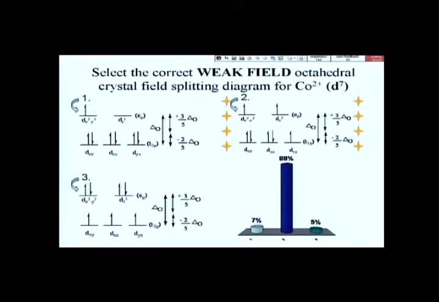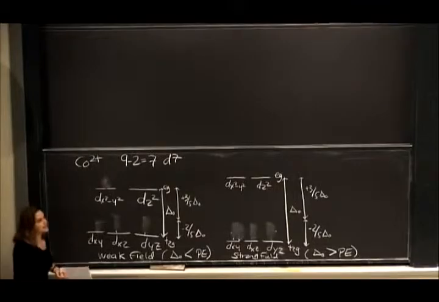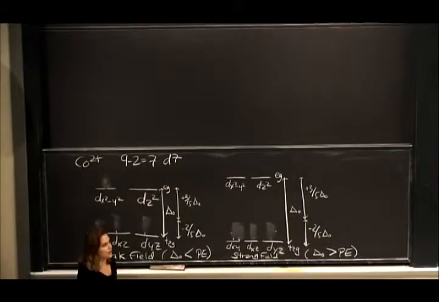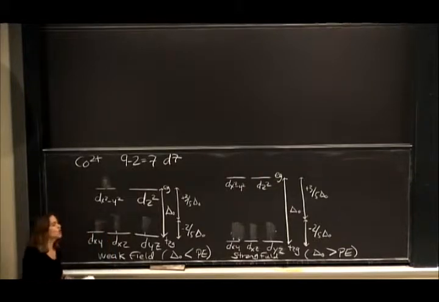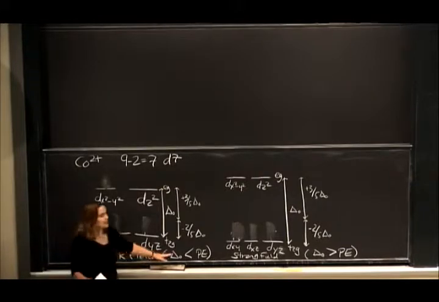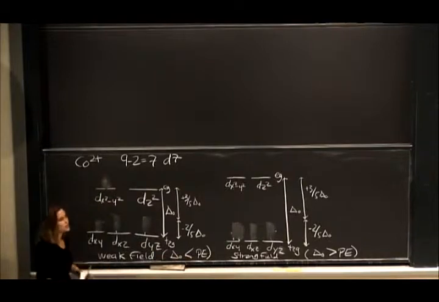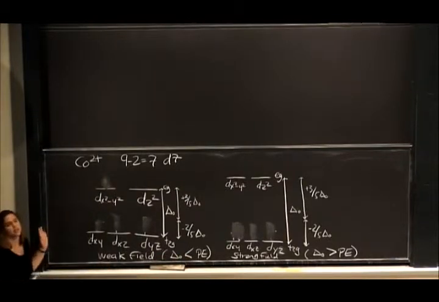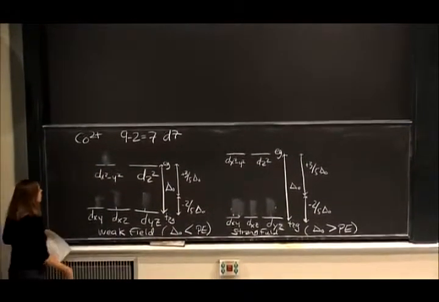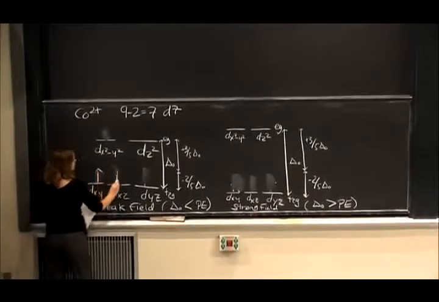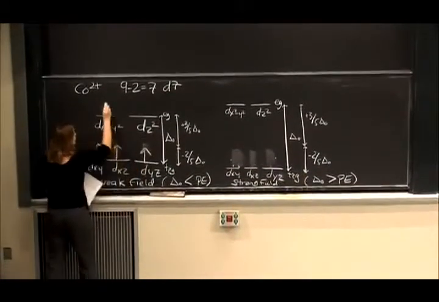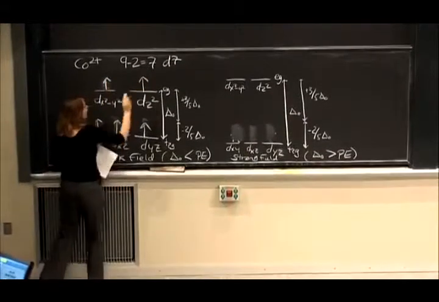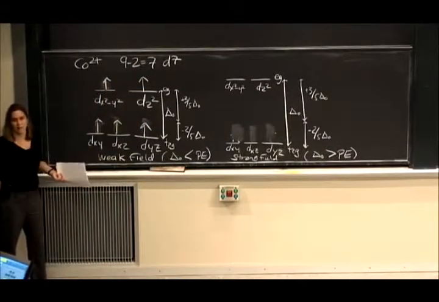Okay, very good. So this is the weak field case. In this case, we are going to fill up singly all of the orbitals because the splitting energy is less than the pairing energy. So we're going to put them to the fullest extent possible before we have to pair. So we have 7. So we're going to do 1, 2, 3, 4, 5. And now we have to pair.